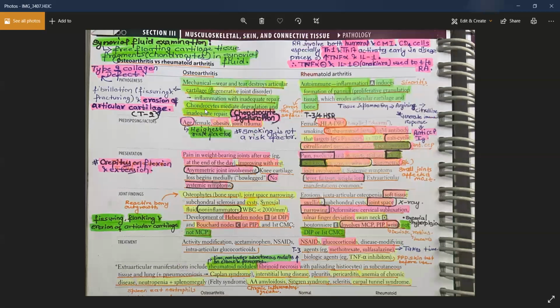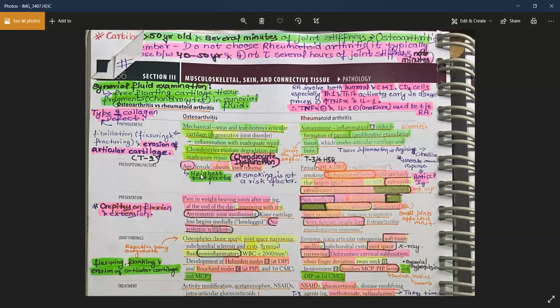On synovial fluid examination, when you do the biopsy or the examination under the microscope, what you will see is free floating cartilage tissue, because the cartilage is being resorbed and damaged. All this cartilage tissue will be present in the synovial fluid that you can see in the microscopy.